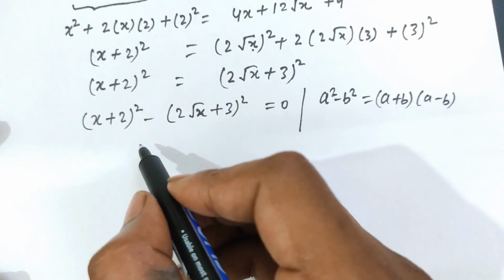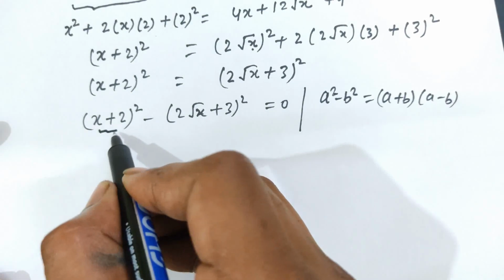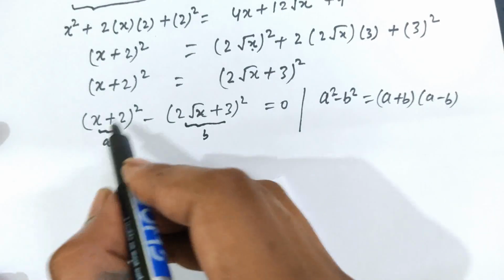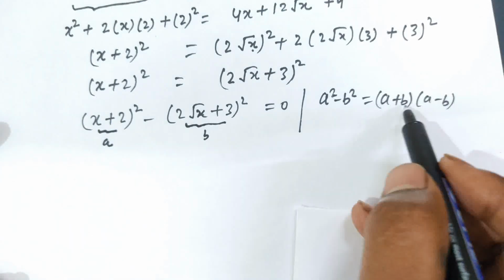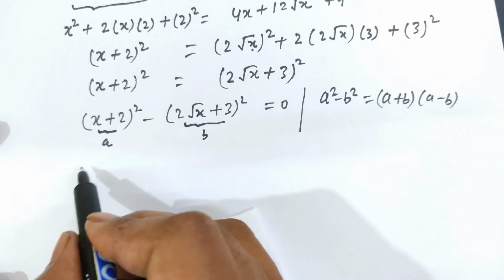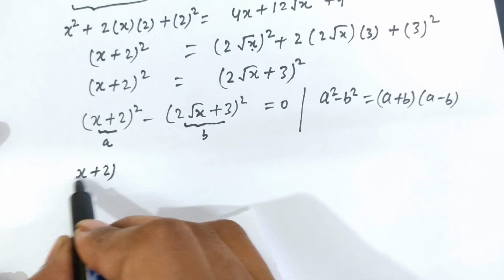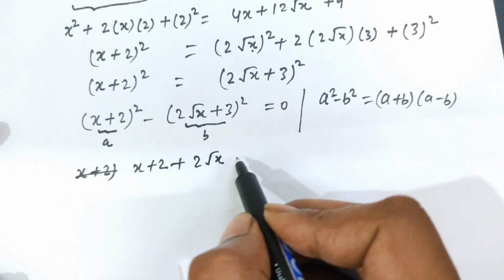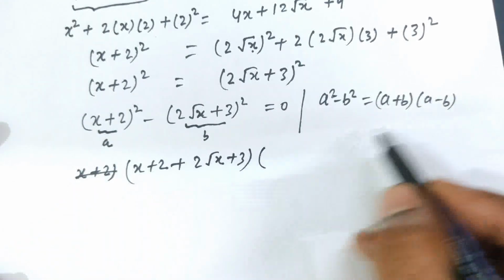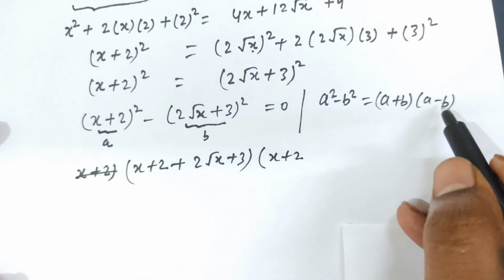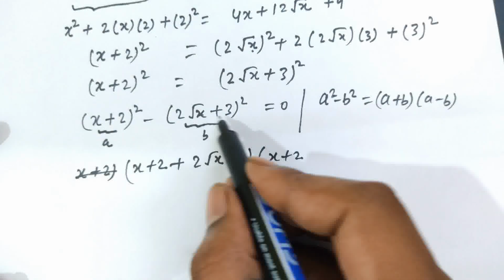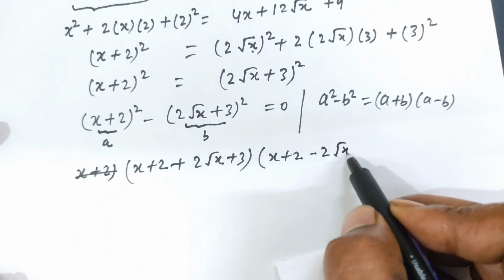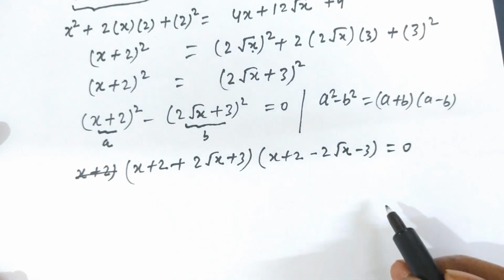If we apply this rule in left hand side, let us suppose this x plus 2 is a and 2 times square root of x plus 3 is b, then a square minus b square, that is a plus b times a minus b, where value of a is x plus 2 plus value of b is 2 times square root of x plus 3, times a, that is x plus 2, and minus b, that is 2 times square root of x plus 3. If we multiply by this expression which is minus, then we get minus 2 times square root of x minus 3, and this is equals to 0.